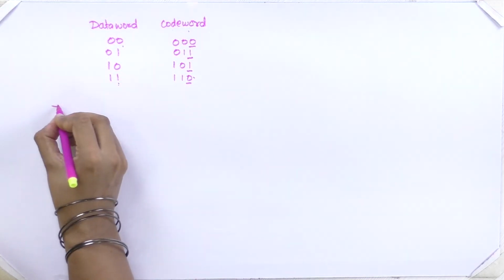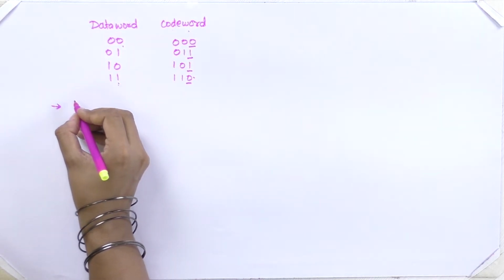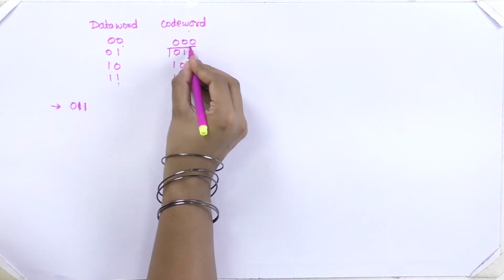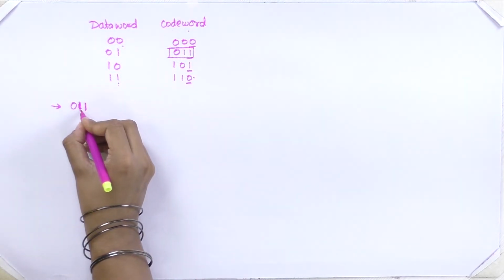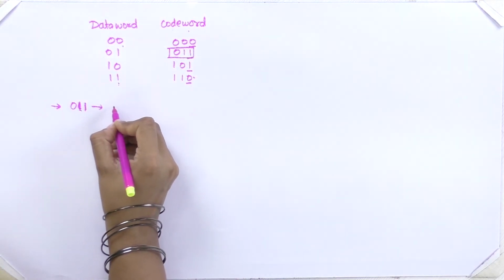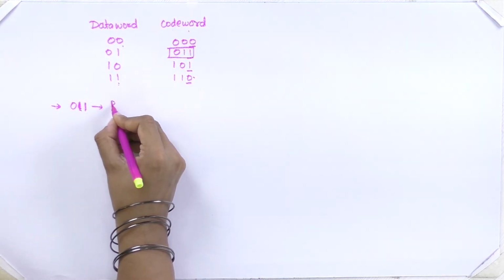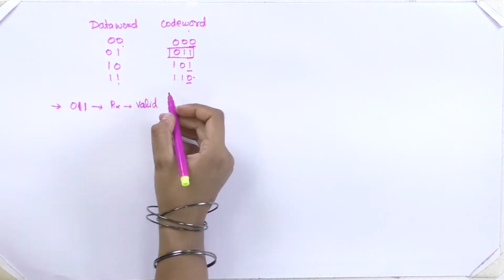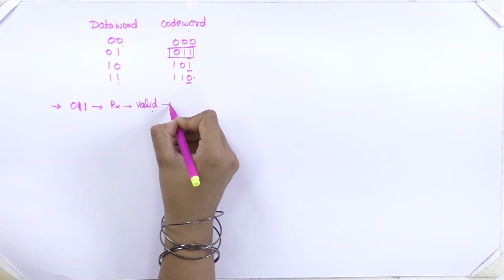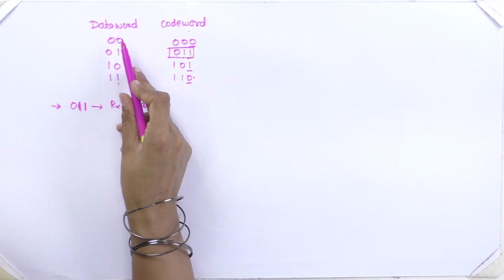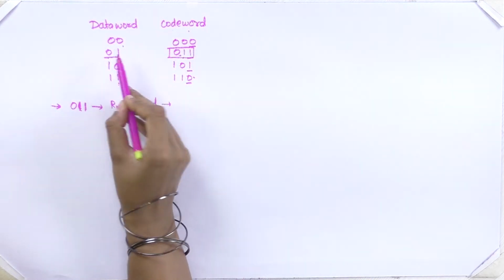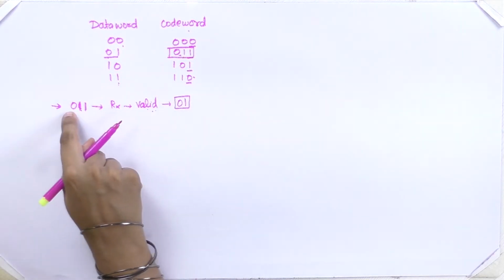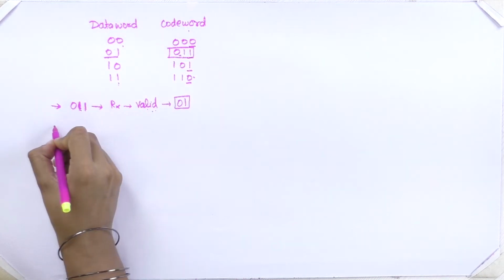Okay, so I shall explain the cases. If I am sending the code word 011 to my receiver, my first case is that the receiver tells that it is a valid code word. So no error has occurred and he tells us it is valid, and he extracts the data word from this code word. The data word here is 01. So he extracts this message from the code word. This is one such case.